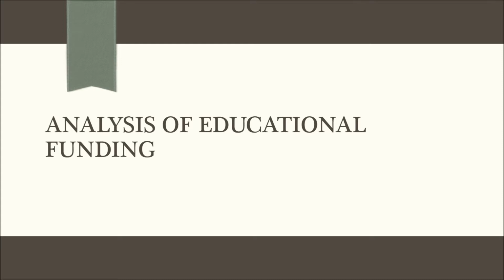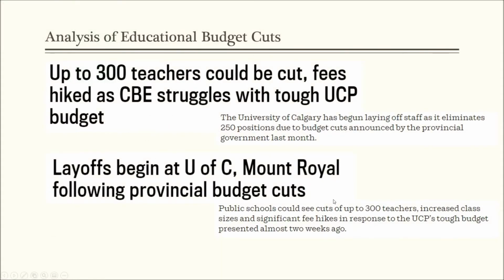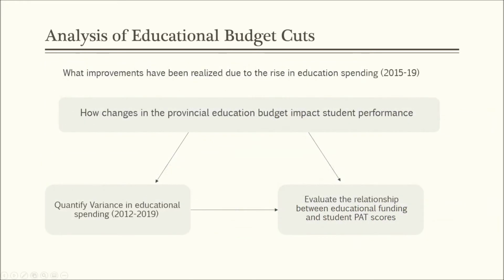And so here's just some headlines recently that have come out in both post-secondary institutions and local school boards are being affected. I narrowed the scope of my analysis down to the Calgary Board of Education, as it's particularly relevant for the city, and there's more, I guess, homogeneous data available across different years for a single school board.